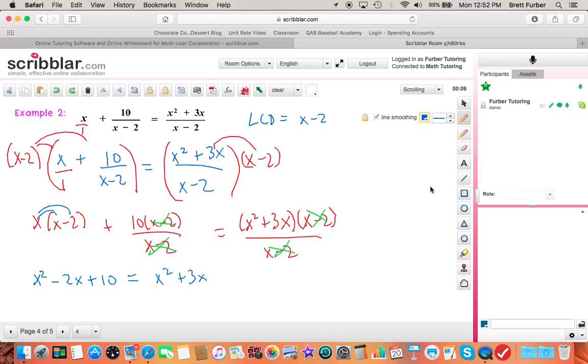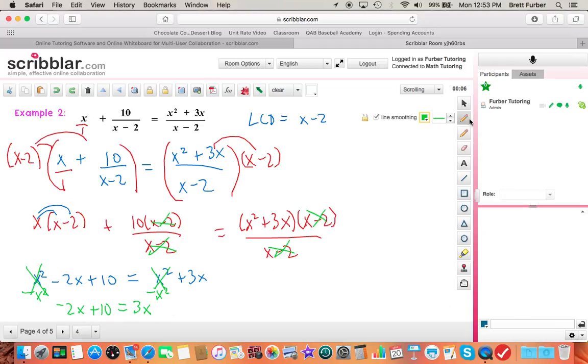So you've got a polynomial over here. And I'm going to try to get all the like terms on the same side because if it's an x squared, I'm potentially going to have to solve by factoring. However, when I get ready to move the x squared to the other side, it turns out that the x squareds cancel. So I'm left with negative 2x plus 10 equals 3x.